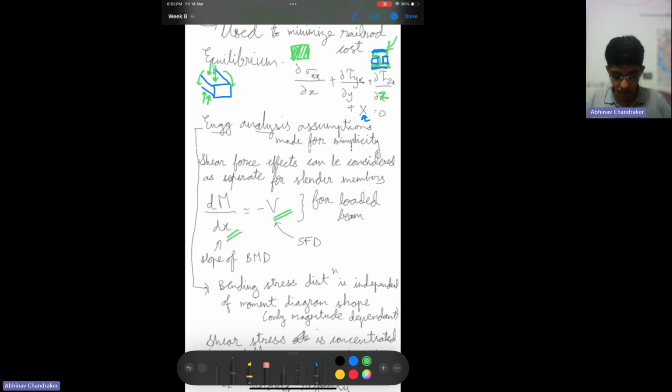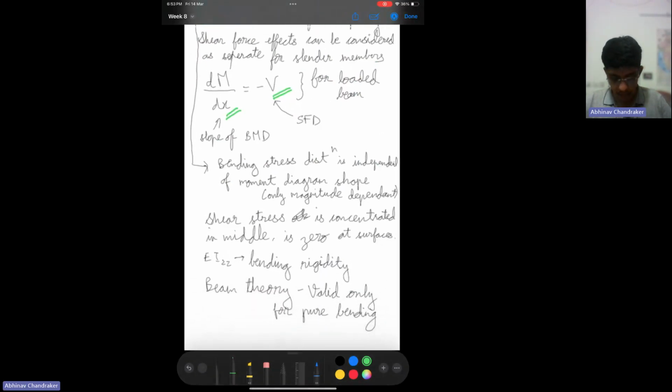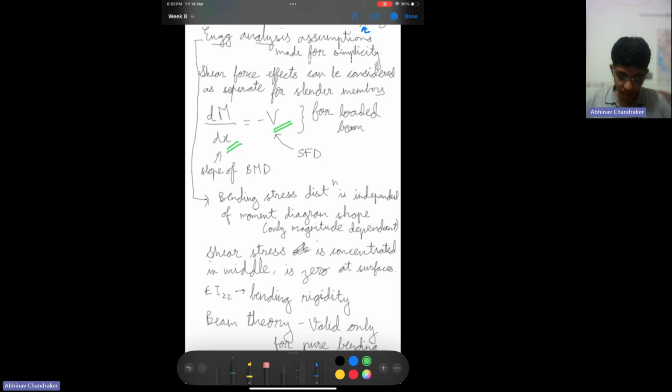But here we'll assume that it will still be linear, and that the linearity will depend only on the magnitude of the bending moment at the point where we are looking. Using that we'll calculate the axial strains, assuming that the results of pure bending still hold.